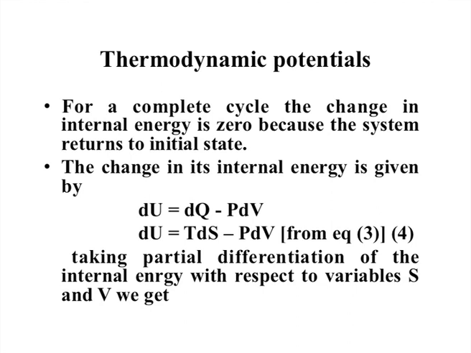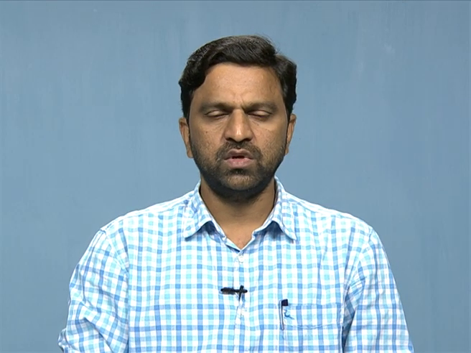Therefore, the change in internal energy is given by du = dq - pdv. Here, in place of dq we can write Tds, so du = Tds - pdv. This equation describes the internal energy.